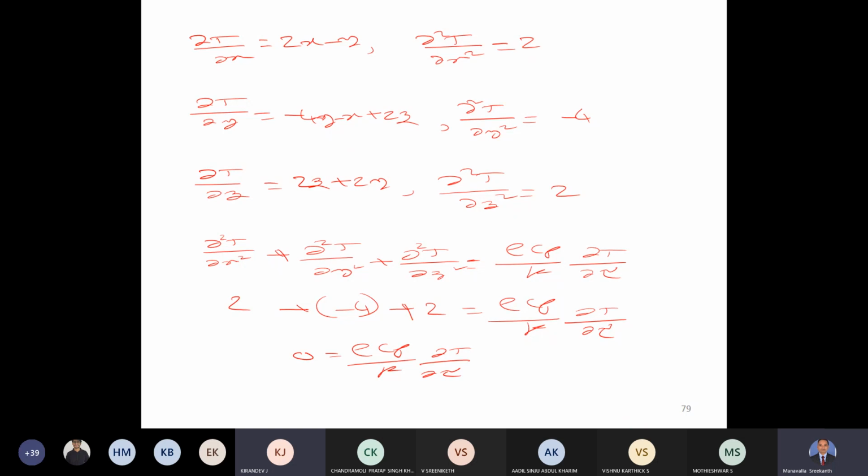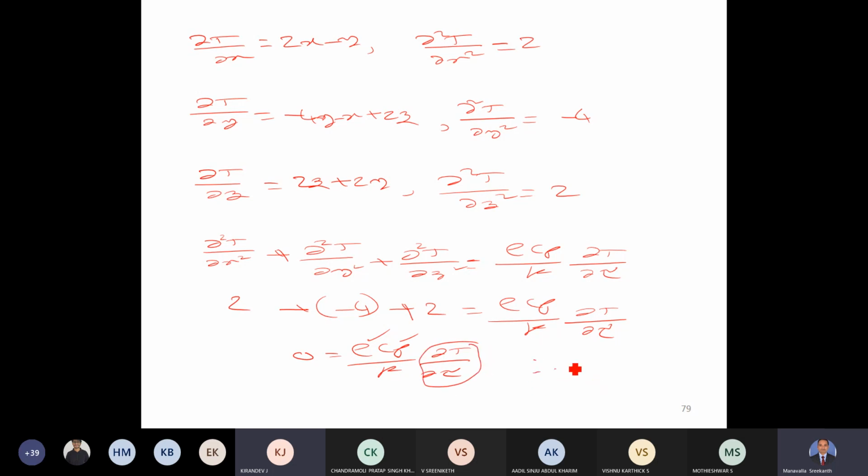Now for the right hand side to become equal to 0, the rho should be equal to 0 or cp should be equal to 0. Usually any solid substance will have some density and some specific heat, so this cannot be equal to 0. So the only possibility is ∂T/∂τ equal to 0. Therefore ∂T/∂τ is equal to 0.